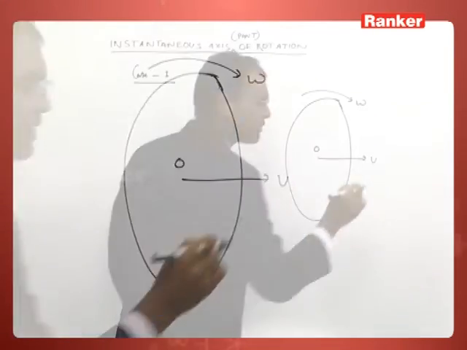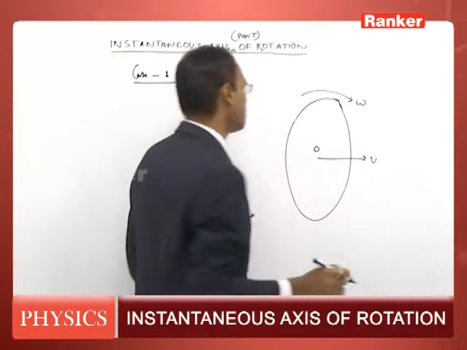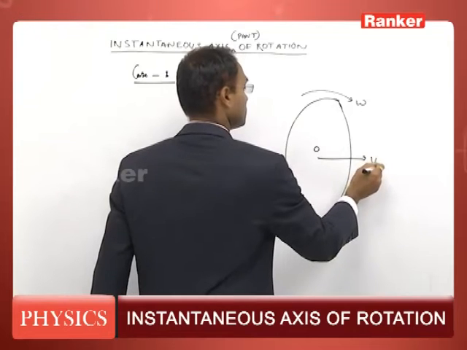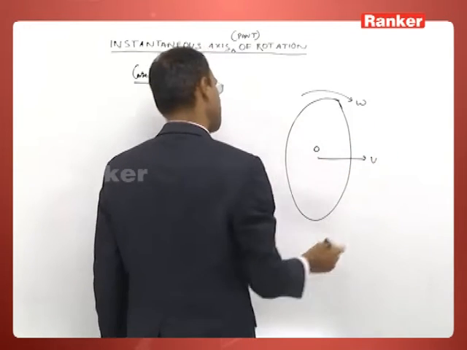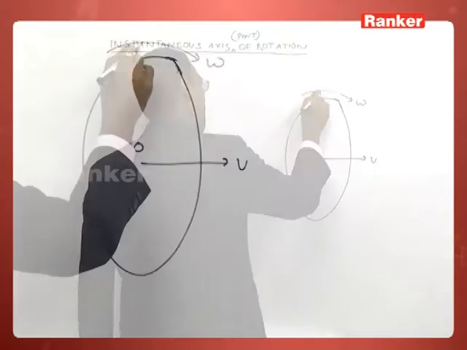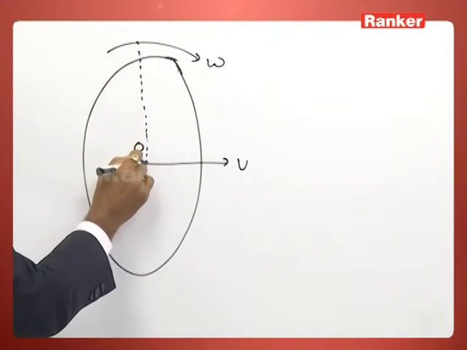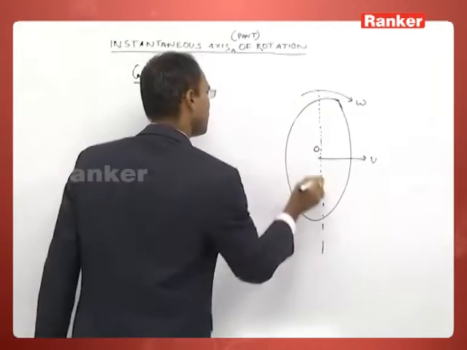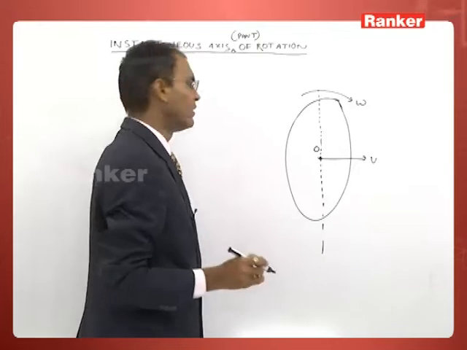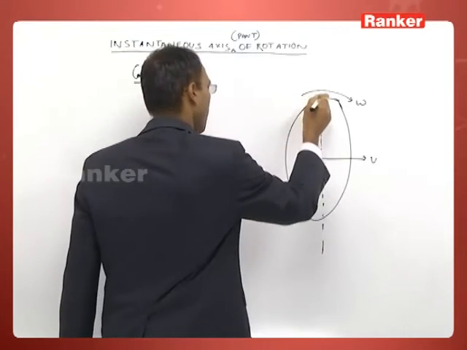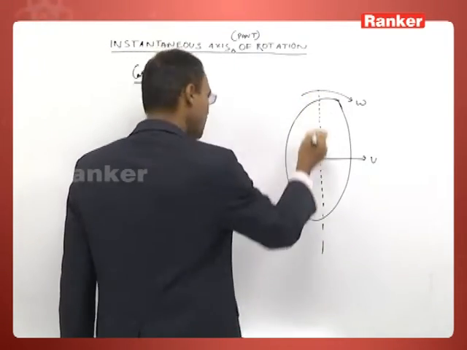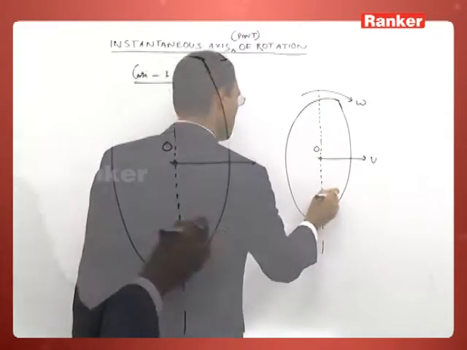It may not be the center of mass or centroid of the body or midpoint of the body. Let it be V. First, draw up a perpendicular to the velocity vector through that point in the plane of the body.